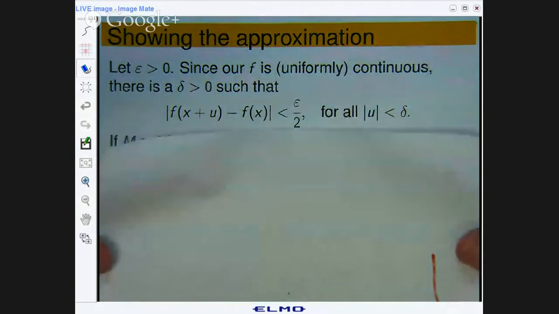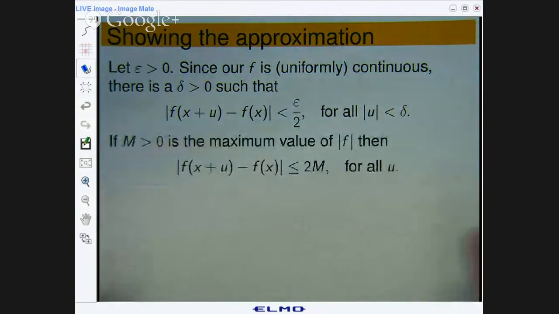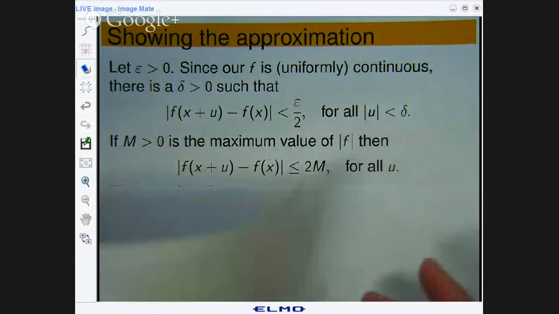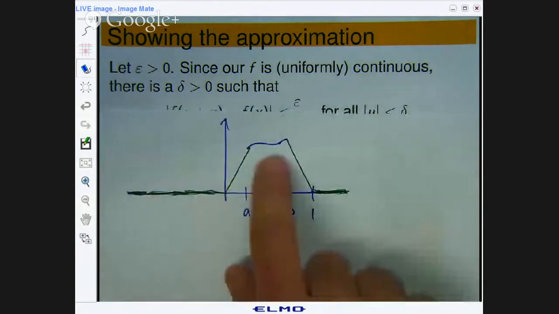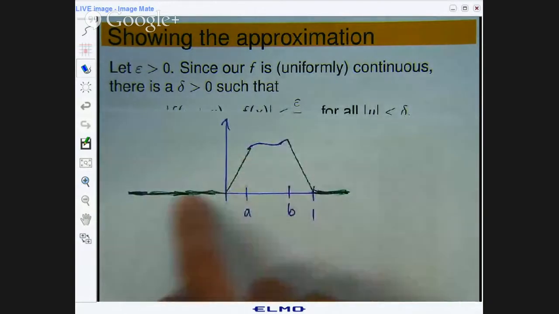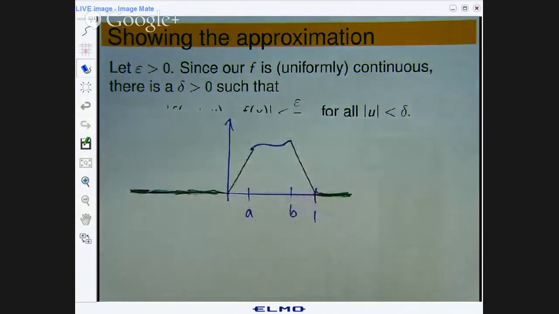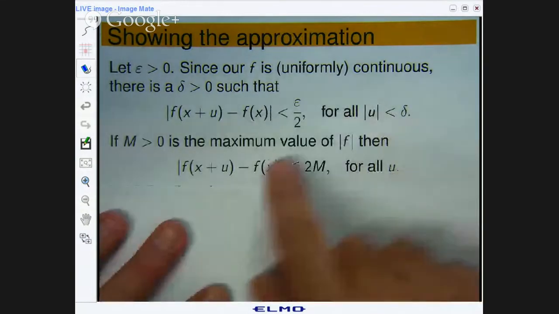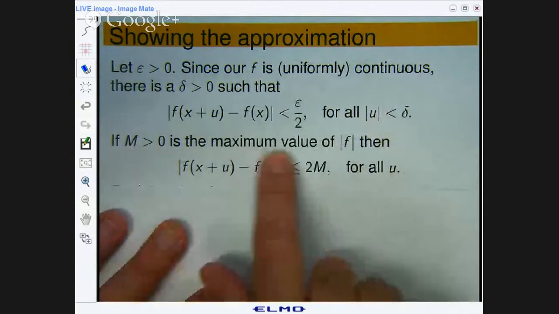Now also, let's have a look at the absolute value of the function f. You can see that f is continuous everywhere, it's bounded, and 0 out here. So you're definitely going to have a maximum of the absolute value of f. This M is defined to be the maximum value of f.